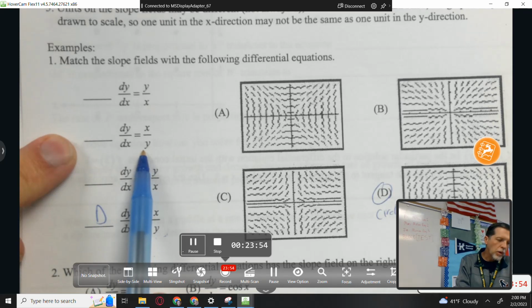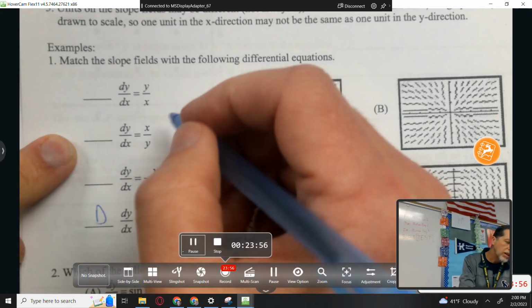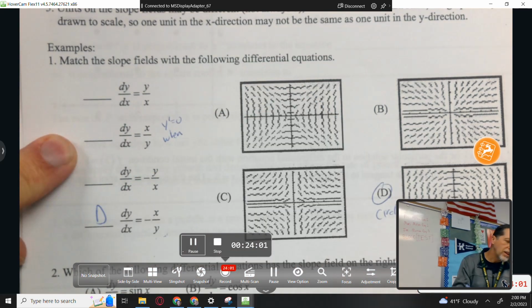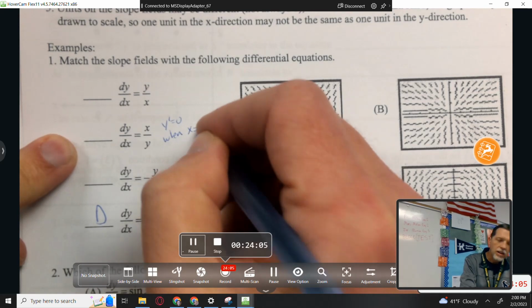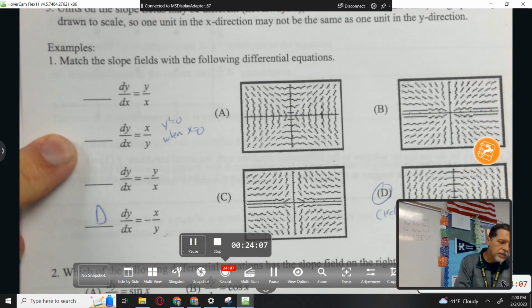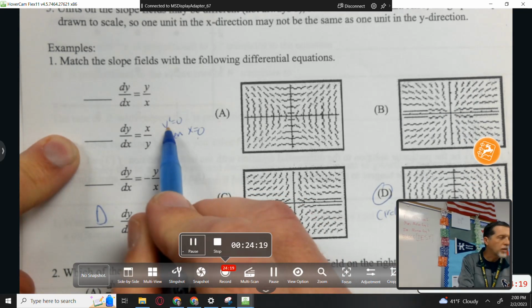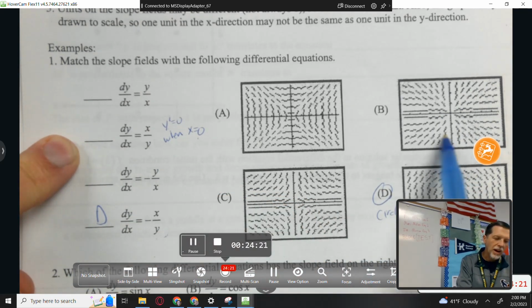What would make it 0? y prime equals 0 when x is 0. So when x is 0, we want y prime to be 0. Oh, I think that narrowed it down. When x is 0, I need the slope to be 0. Can you pick out which of the remaining 3 that's true for?